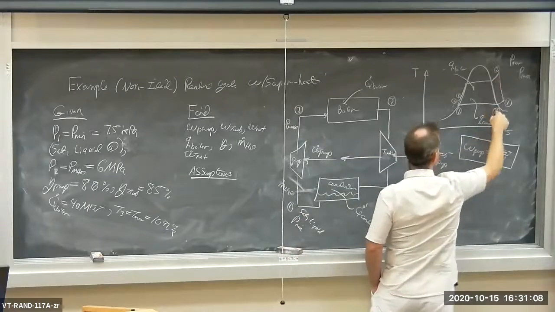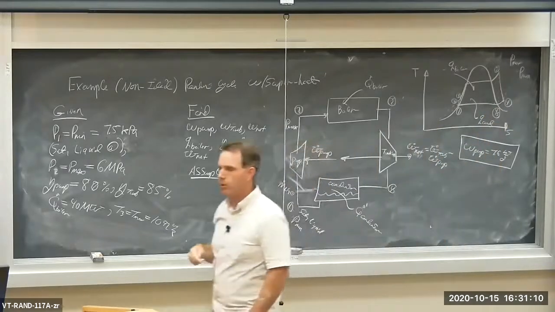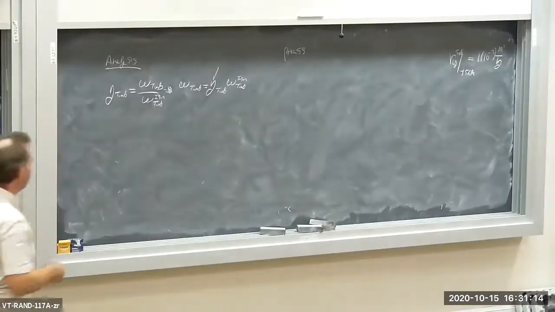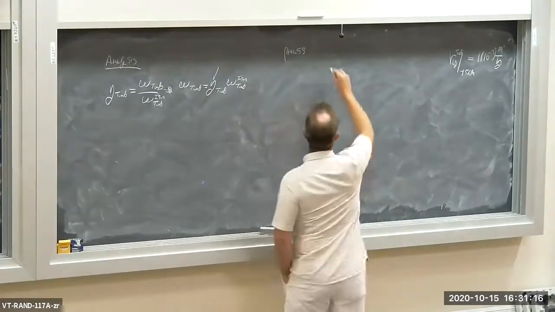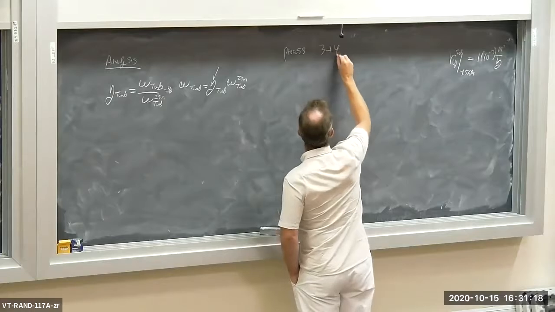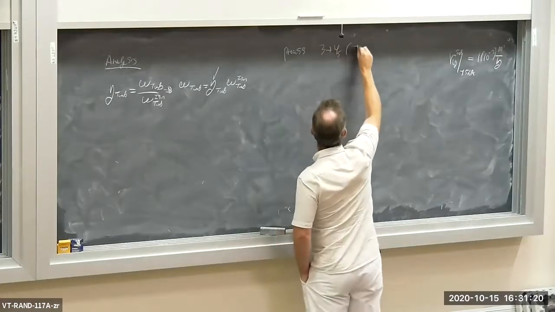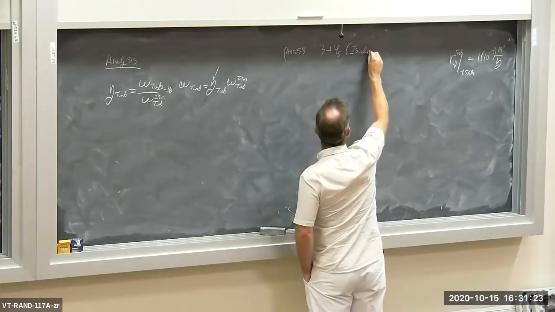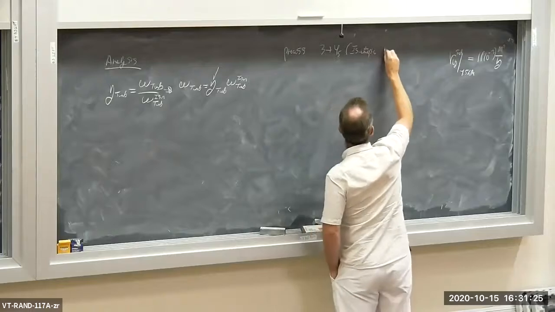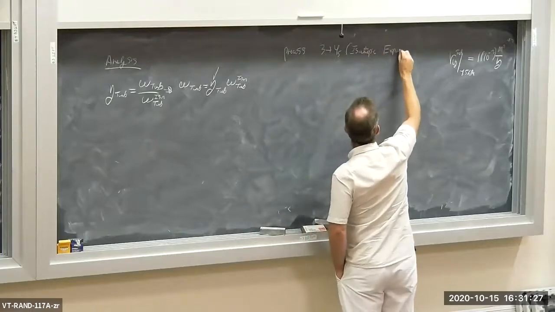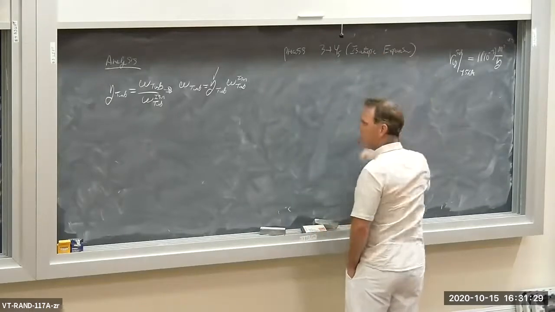So we're going from 3 to 4 sub s. Process 3 to 4 sub s: isentropic expansion in the isentropic turbine, okay?